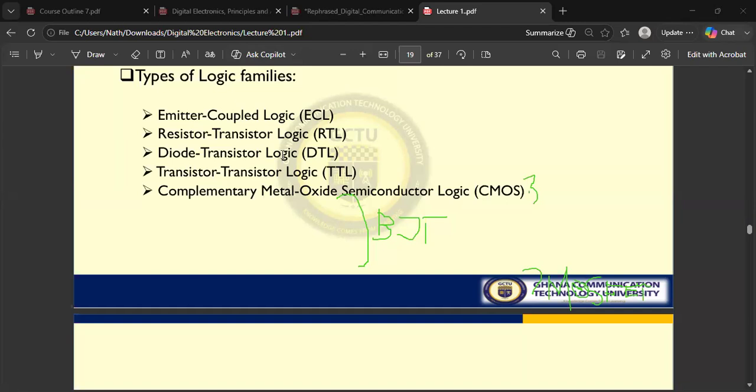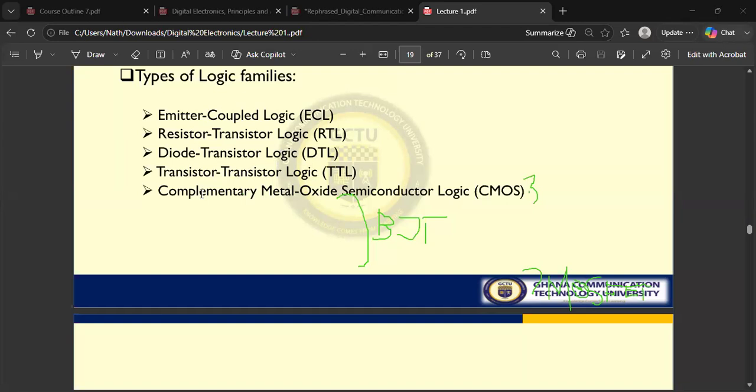CMOS is currently the most used logic family now. I said the resistor transistor and diode transistor families are obsolete. They are not in use again. We still use TTLs and emitter coupled logic, but CMOS is the most commonly used logic family now.